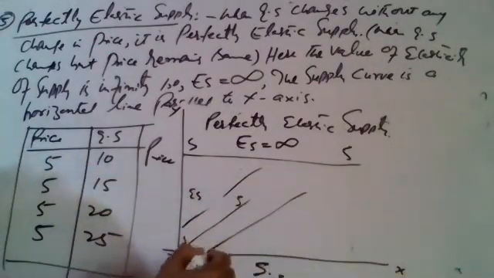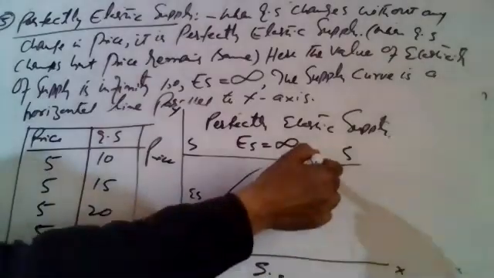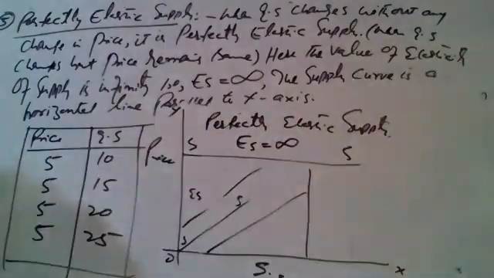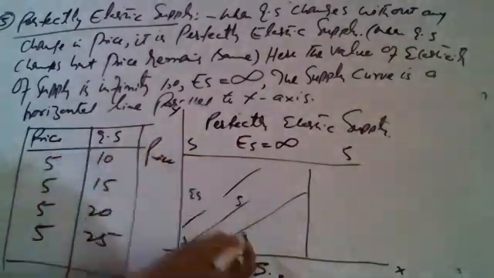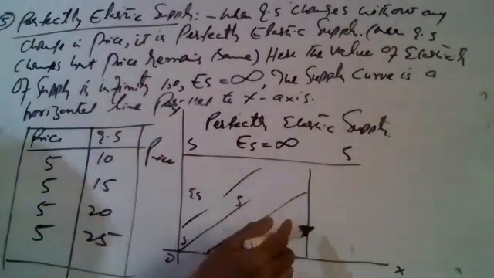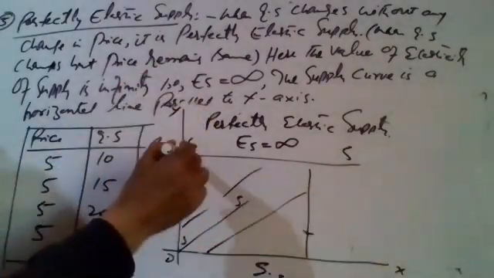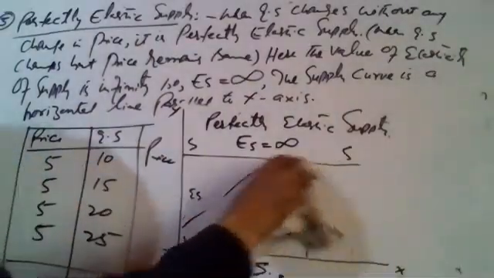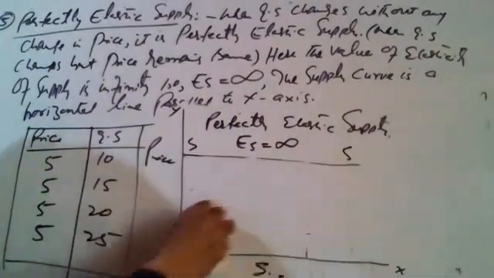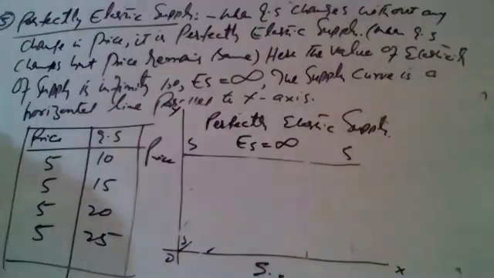Starting from the x-axis, it is less than 1. A vertical line is perfectly inelastic and a horizontal line is perfectly elastic. So this is all about the five degrees of elasticity of supply.